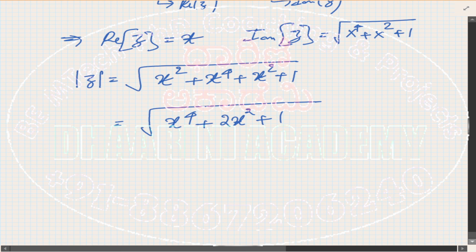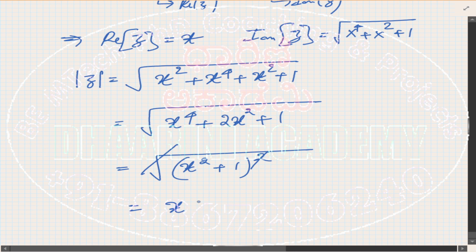This is equal to square root of x square plus 2 times x square into 1, plus 1, so this is 1 whole square. Okay, so x to the 4 plus 2x square plus 1 is nothing but x square plus 1 the whole square. I'll write the root like that, so the root and the power will cancel. So magnitude of this is x square plus 1. That's all.